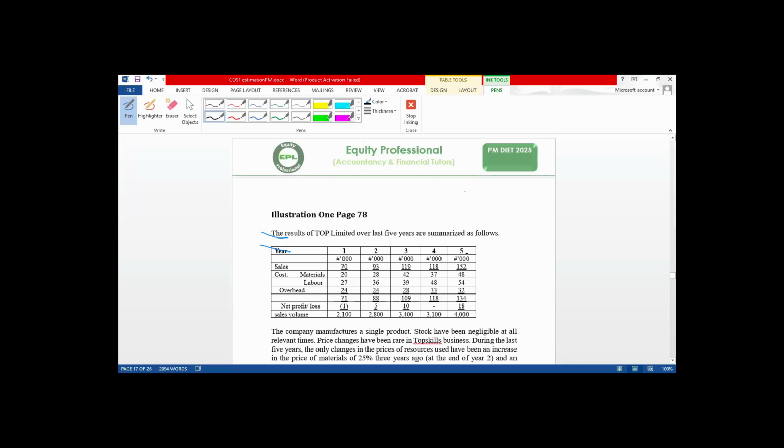So if I want to count 3 years ago, 1, 2, 3, that means at the end of year 2, the increase in material price stopped. The last time material price increased was 3 years ago.